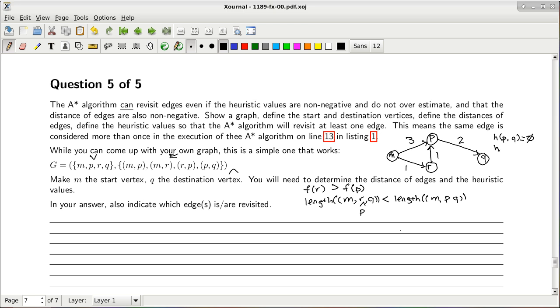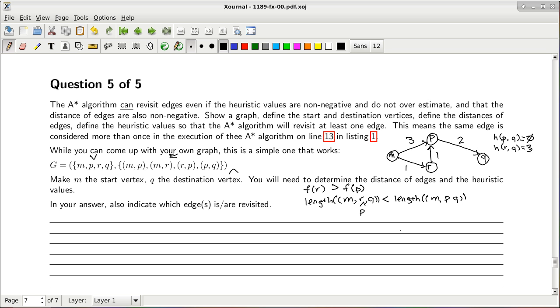And with the other one, which is R, we want to make it as unattractive as possible, which means we want to maximize it. Maximizing a heuristic value means it is really just the actual length of the path from R to Q in this case, which is exactly 3.